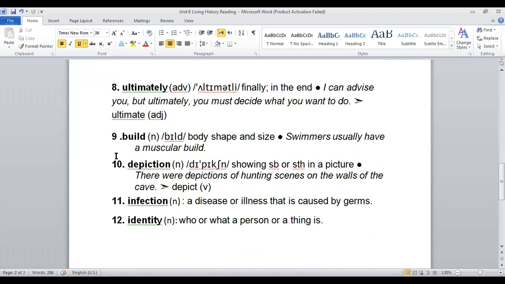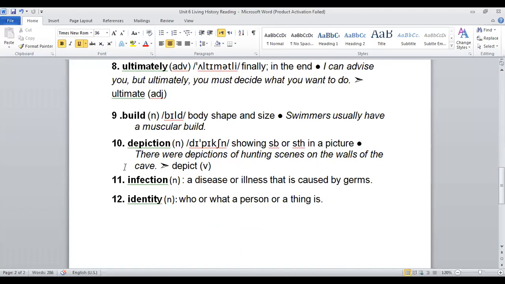Number nine, the word build. Build, and this is a noun. Here it's a noun, and it means the body shape and size. This is called build. Number 10, depiction. Depiction means showing somebody or something in a picture. After that, the word infection.